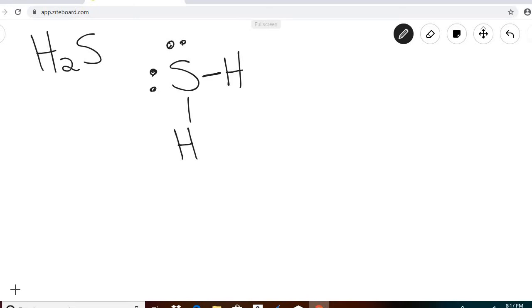So then this one, we notice that around that sulfur there are 4 pairs of electrons, but 2 of them are not bound to anything. 2 of them are not paired with anything, and so the shape of this molecule then would be bent.